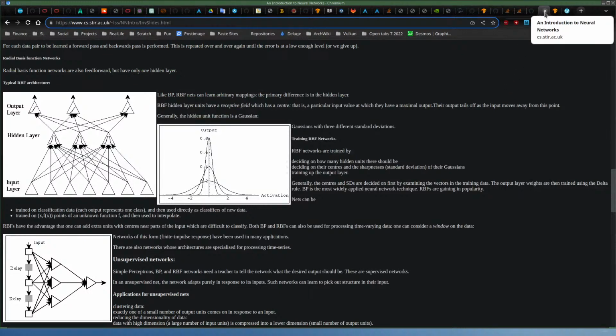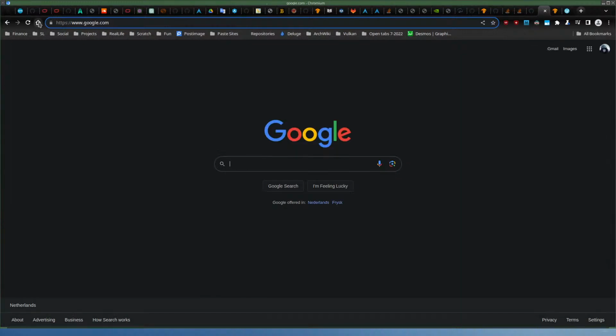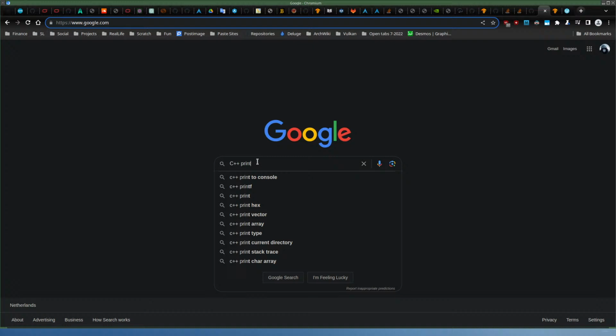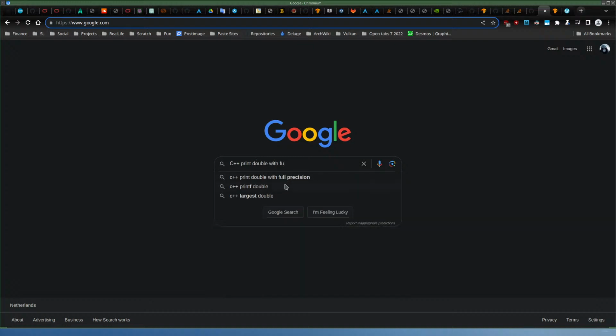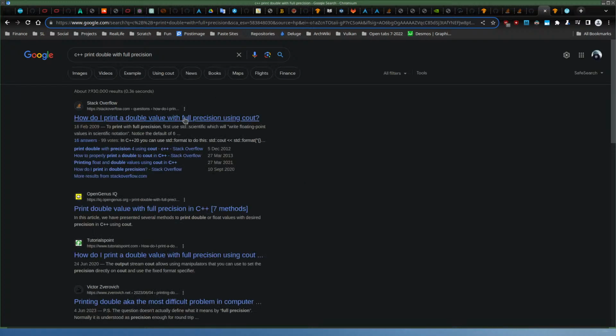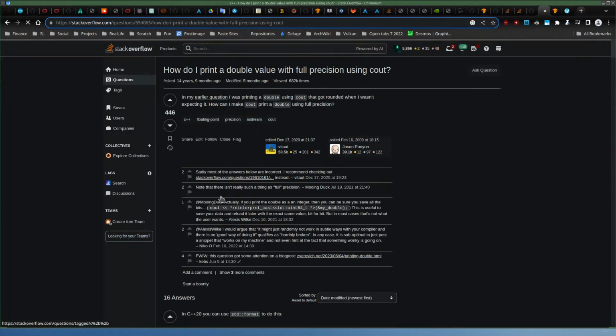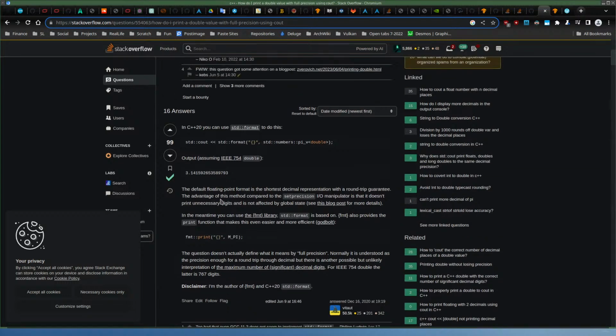Let's search for C++ print double with full precision. And then they come with standard format.